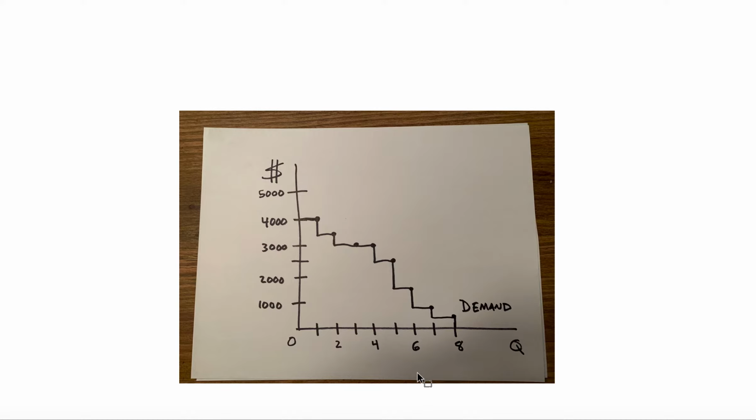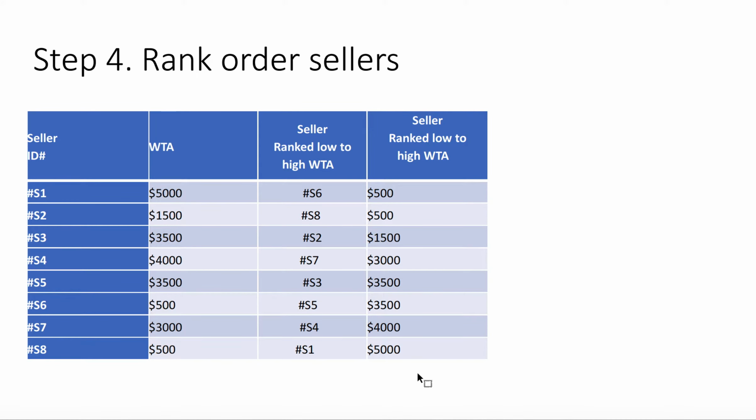It looks a little different than a straight line, but a straight line is typically what you have with millions of buyers and sellers, when you don't have room to do this. Here we just have 8, so you can map them out as a descending staircase. Rank order the sellers and do the same thing, except now you rank order them from low to high willingness to accept.